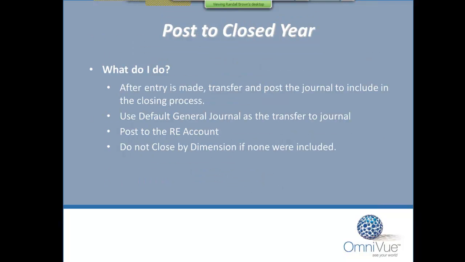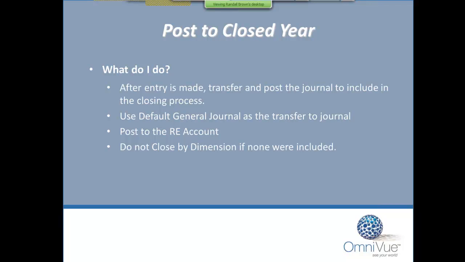Now what happens when you have to make a journal entry, such as you send off the financial statements to an auditor, and they come back and say that you need to make some adjusting entries to your system? That's fine. Go into your general journal, make your journal entries, just key in the date as you normally would.